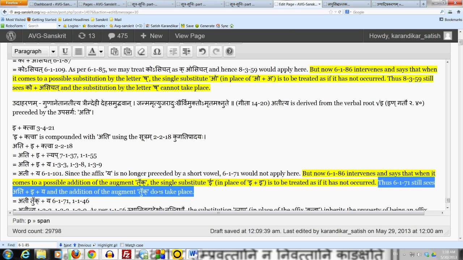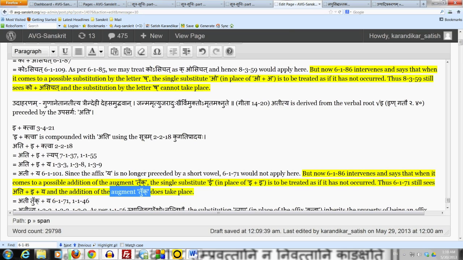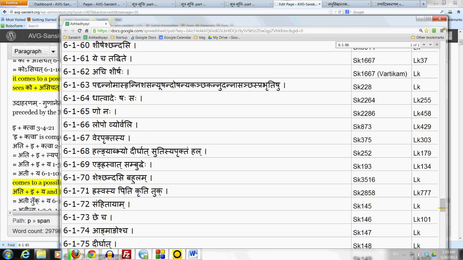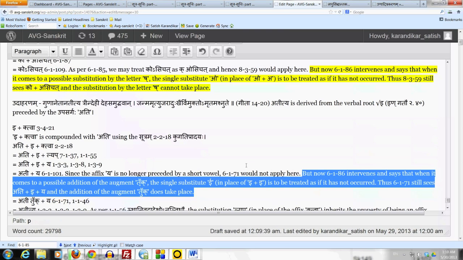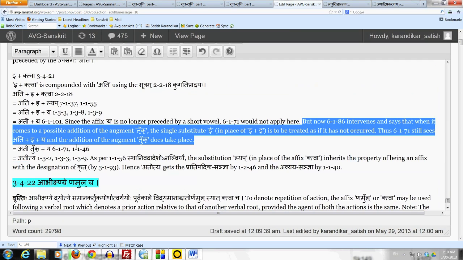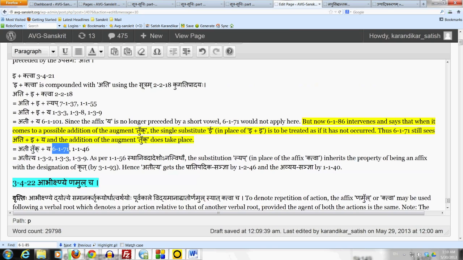The 6171 still sees ati e ya, and therefore the addition of the tuk augment does take place because 6171 sees the short vowel E preceding the affix ya. So this is how 6186 allows 6171 to apply.